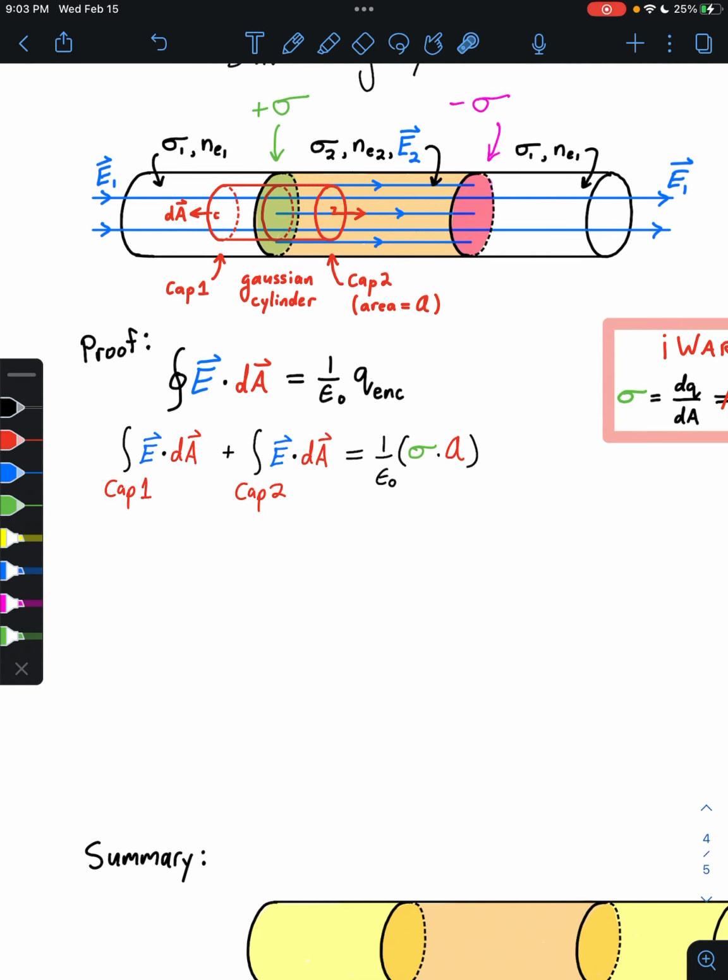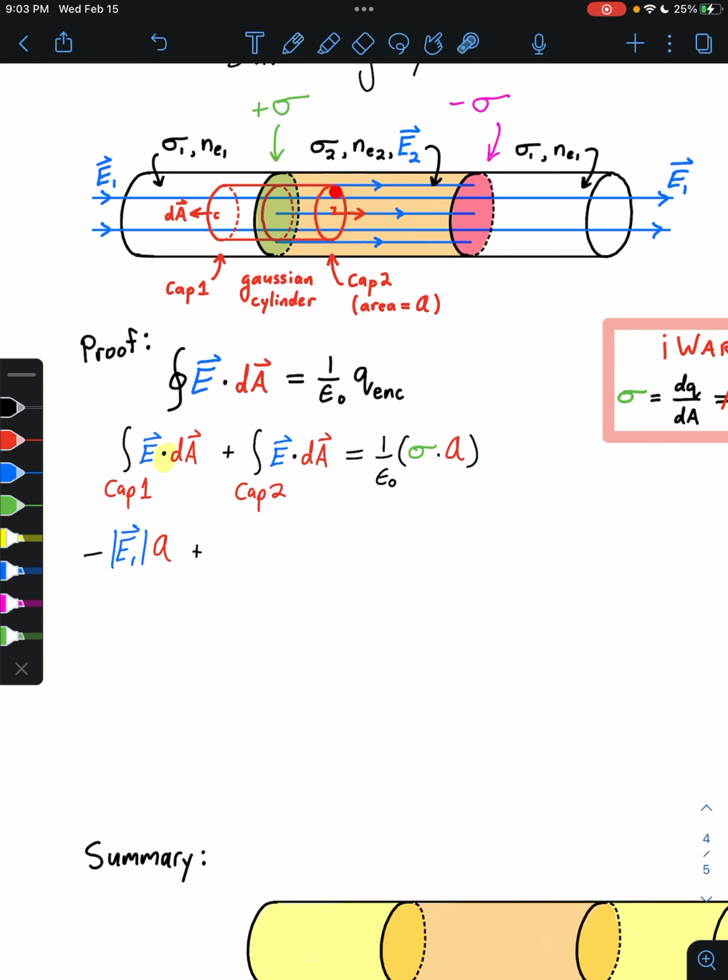All right, so back to evaluating our fluxes. At cap 1, we'll have dA pointing left, but the field pointing to the right. They're opposite each other, so our dot product gives us a minus sign. So it'll be minus the field strength at cap 1, which would be the field in region 1, times the cross-sectional area of our Gaussian cylinder.